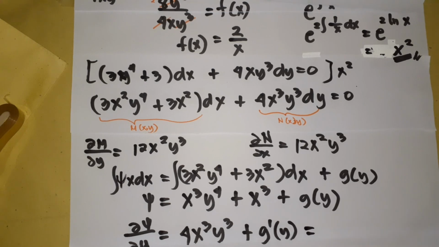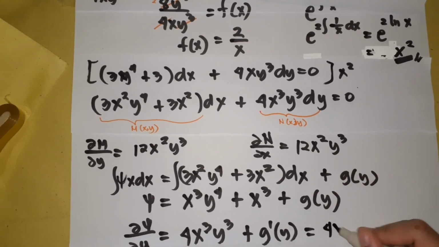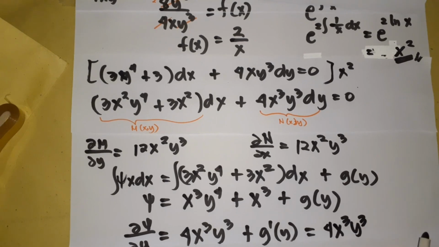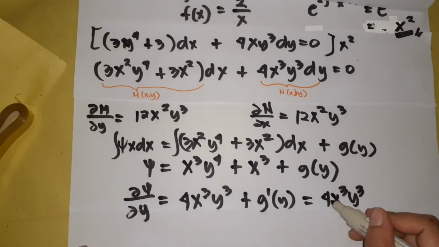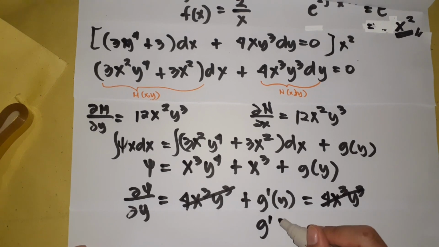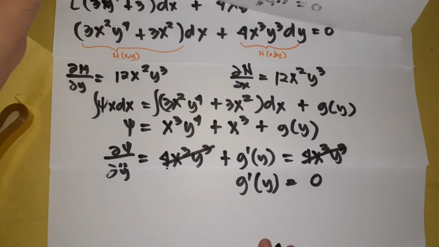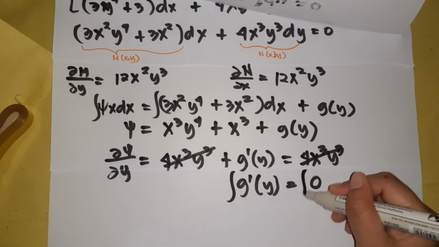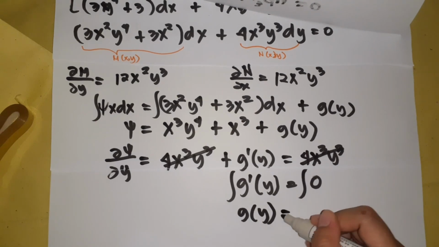And equate this to our N, which is 4x^3 y^3. So combining like terms, we can cancel these out, so the remaining value will be 0.